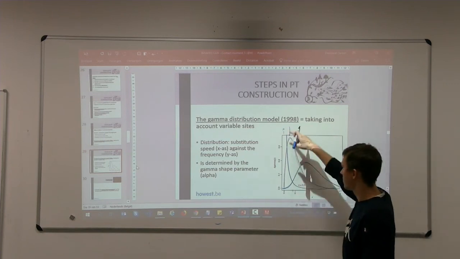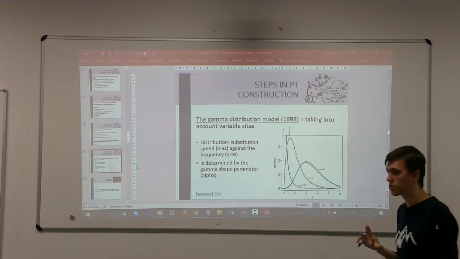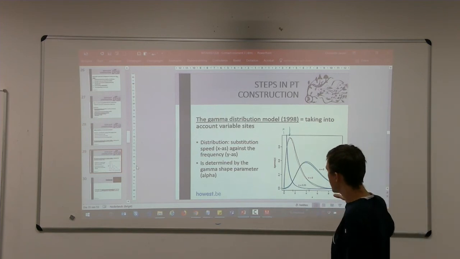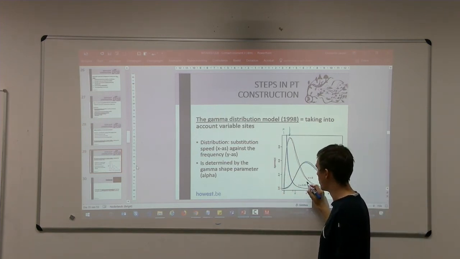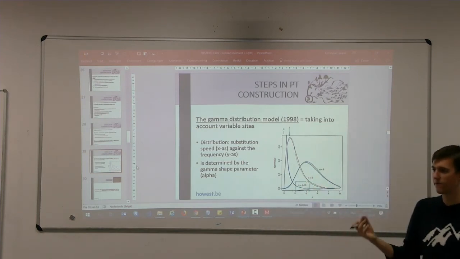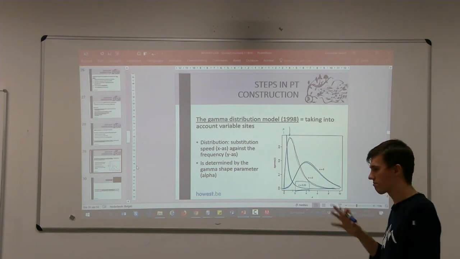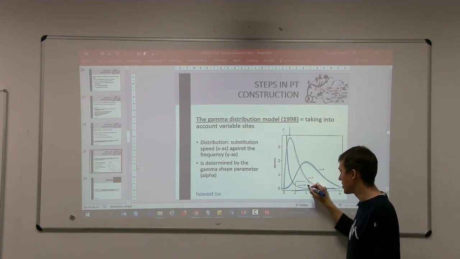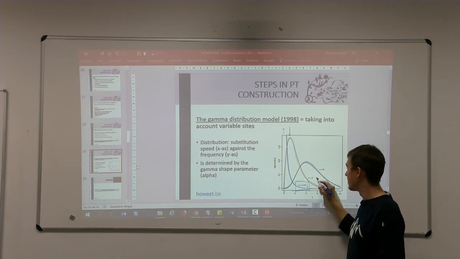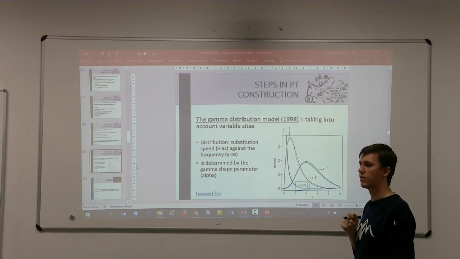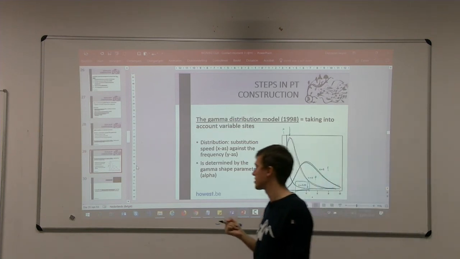As you can see, this curve follows a distribution. This distribution we call a gamma distribution. If this curve is on the left, this will have a low alpha value. It's strange that they used alpha for the gamma shape parameter, but not my problem. So they used an alpha value, and this seems to be a very low one. The higher the alpha value, the more variability we have in evolution speeds over different sites.